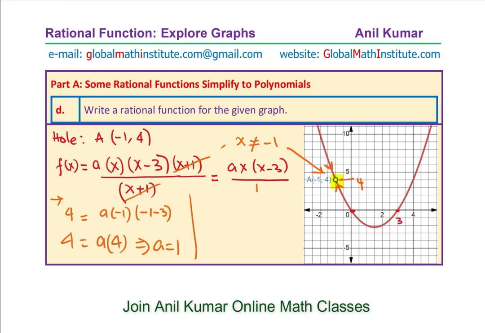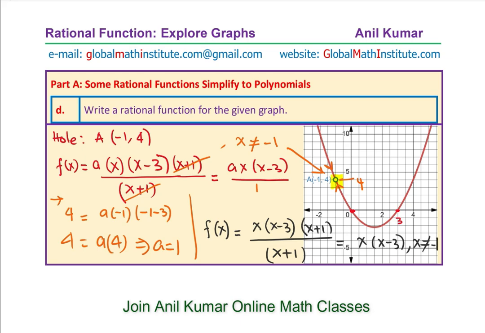And therefore, I could write that the graph of this function can be written as an equation, where a is 1, and therefore I could write this as x times x minus 3 times x plus 1, divided by x plus 1, correct? Which simplifies to x times x minus 3, where x is not equal to minus 1.